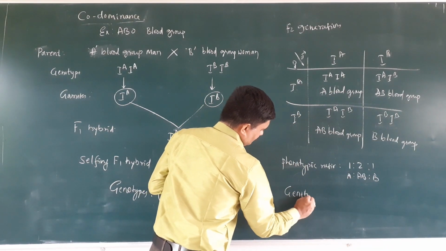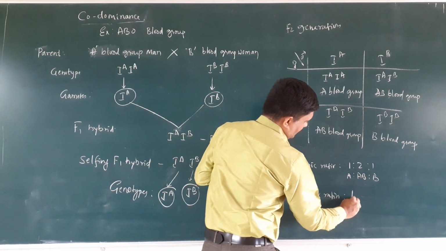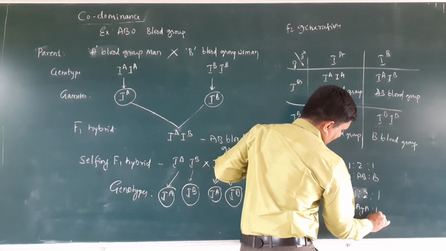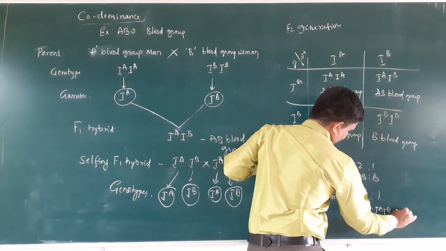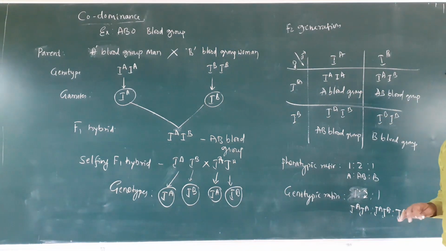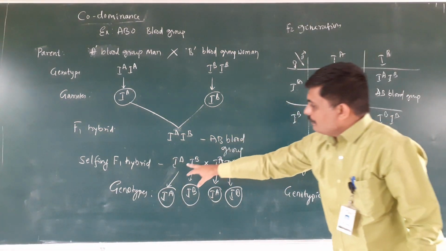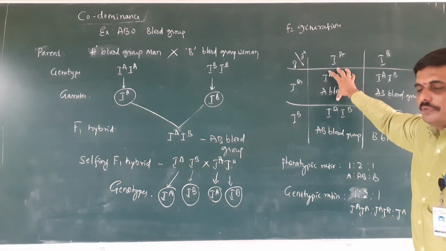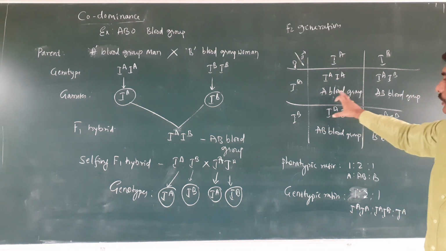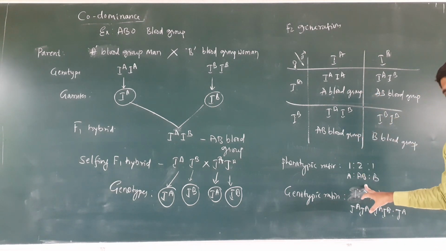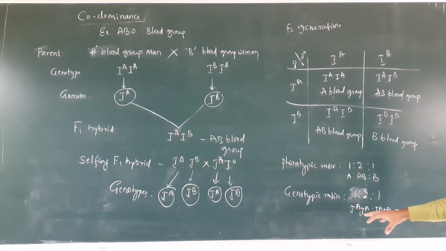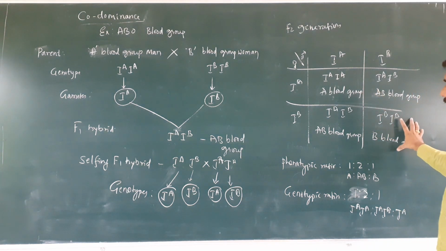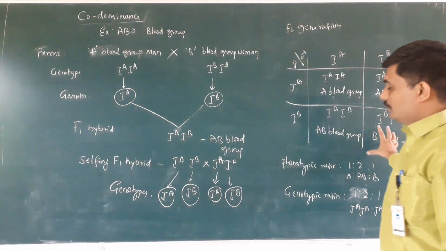The genotype ratio is also 1:2:1: IAIA, IAIB, IBIB. Considering the four as 100%, if an AB blood group man marries an AB blood group woman, 25% of their children have the A blood group, 50% have the AB blood group, and 25% have the B blood group.